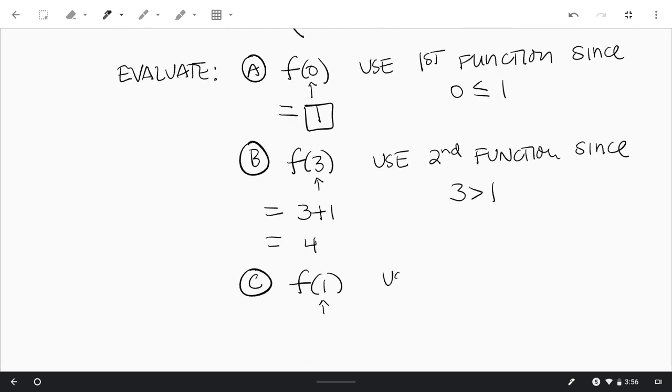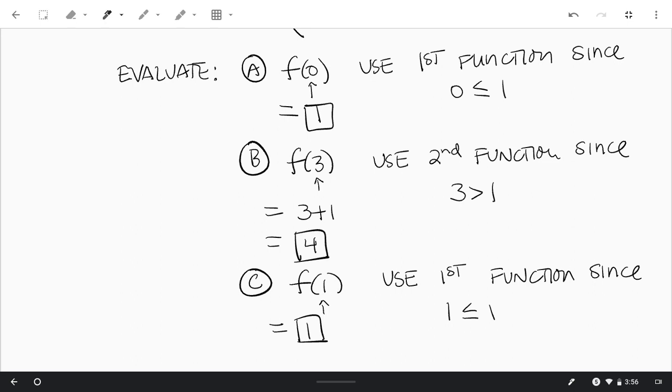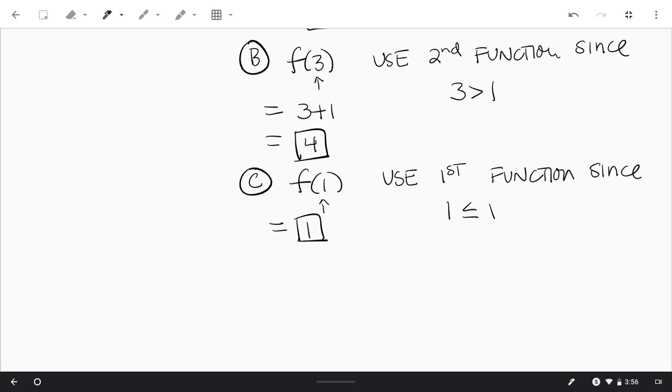So we're going to use the first one since 1 is less than or equal to 1. And again, there's no place to plug in for x, so we just get 1. Okay? So that's how you would evaluate the functions.